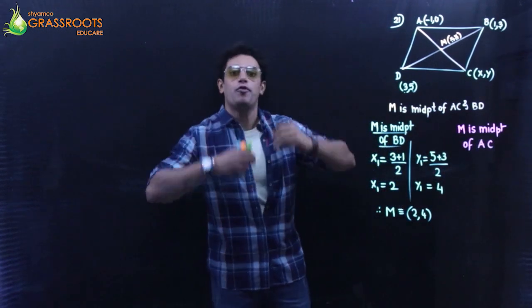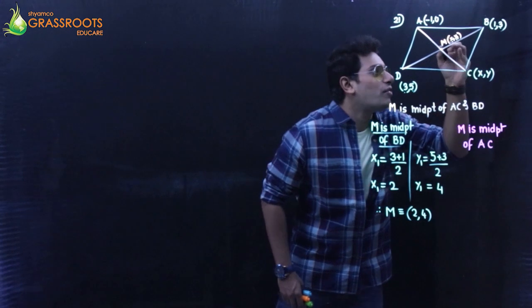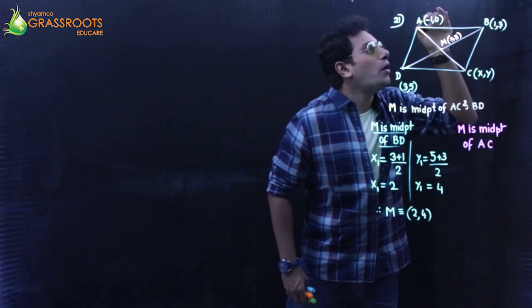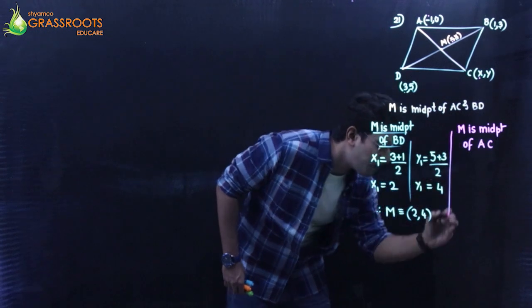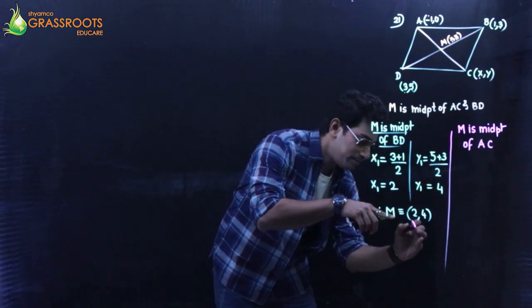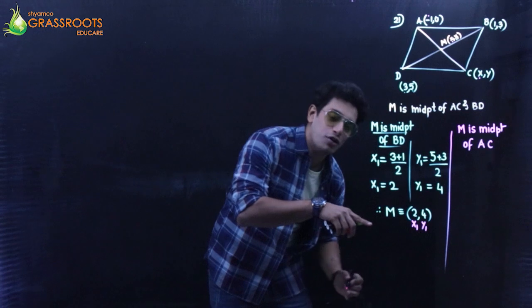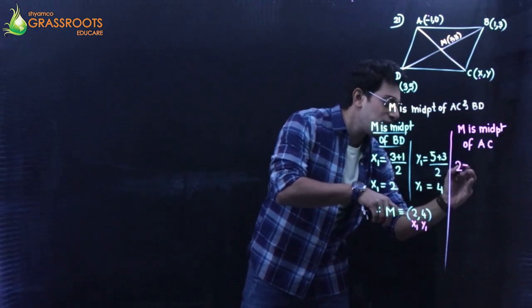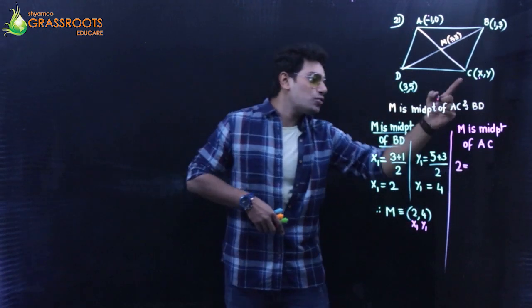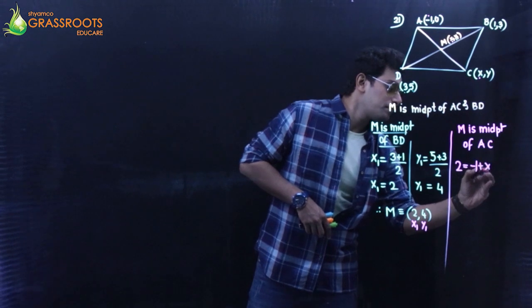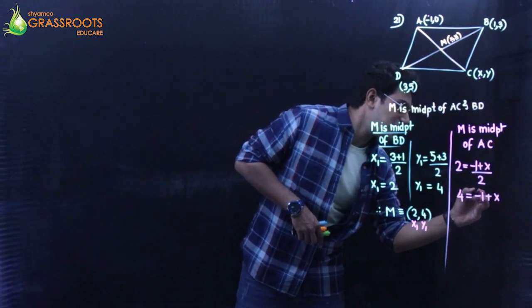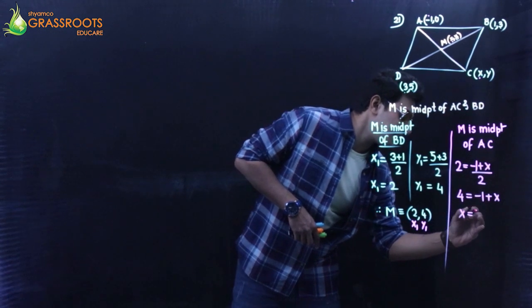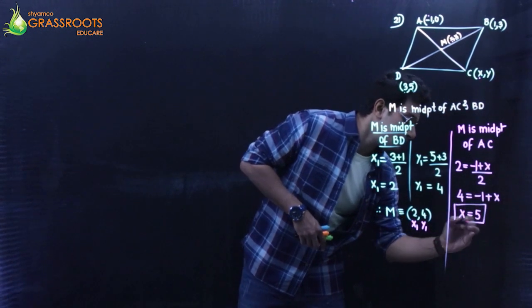So using the midpoint formula, x1 is equal to minus 1 plus x upon 2. We just have found out x1. This is your x1 and this is your y1. So can I say 2 is equal to minus 1 plus x upon 2, cross multiply. 4 is minus 1 plus x, shift. x is equal to 5.